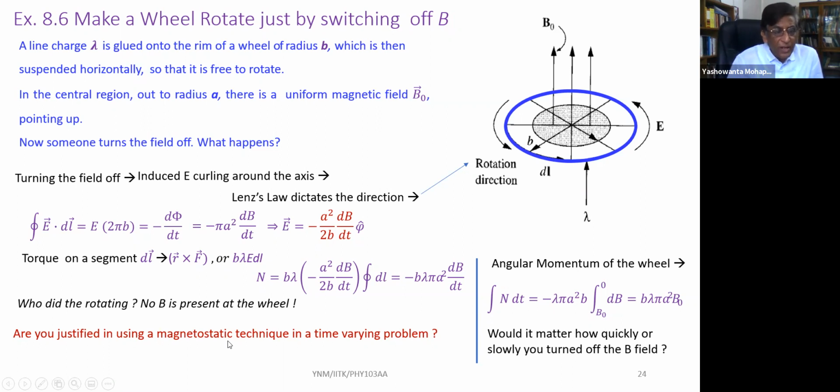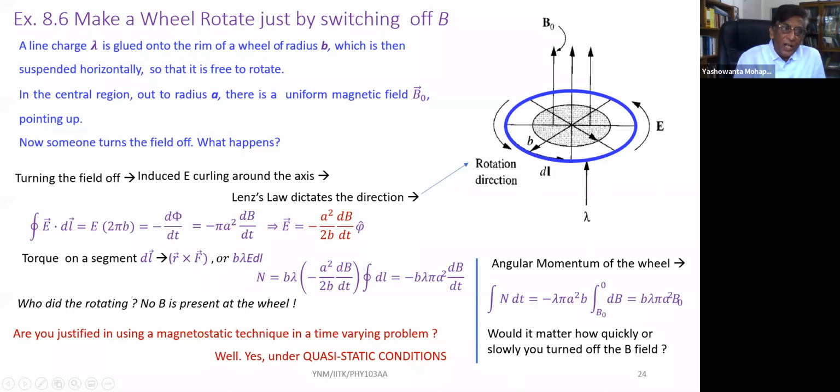So are you justified in using a magnetostatic technique in a time varying problem? We had just noted the formal equation-wise equivalence between the two sets of equations. As we'll see, yes, you can do that, under what are called quasi-static conditions.